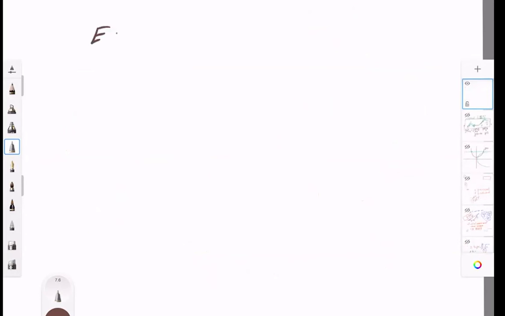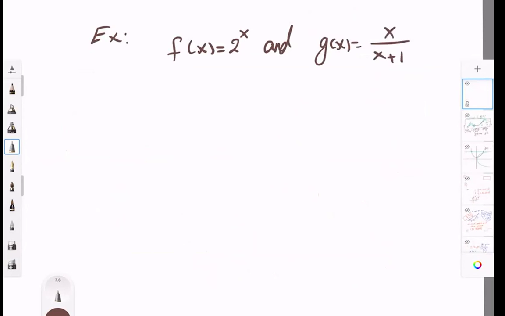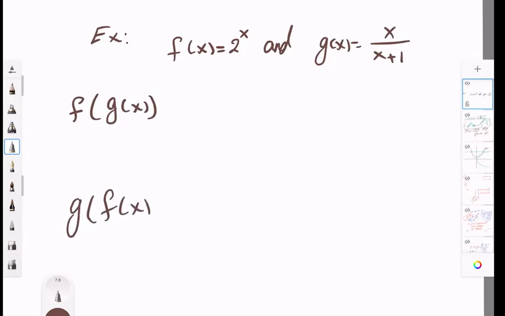Example: f of x equal to 2 to the power of x and g of x equal to x over x plus 1. They're asking us what is f of g of x and what is g of f of x.